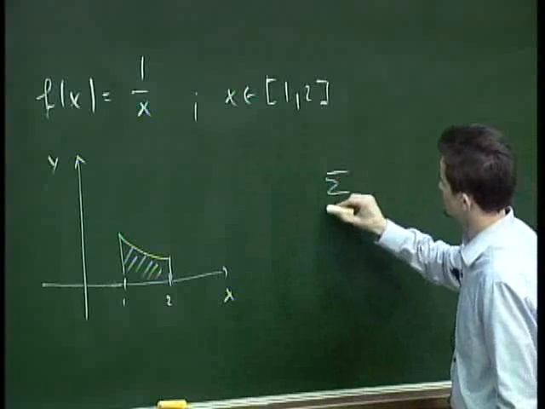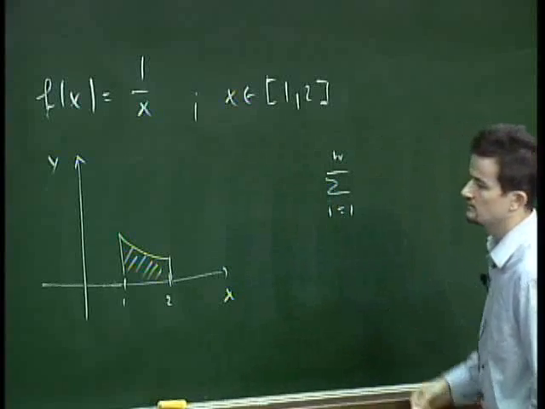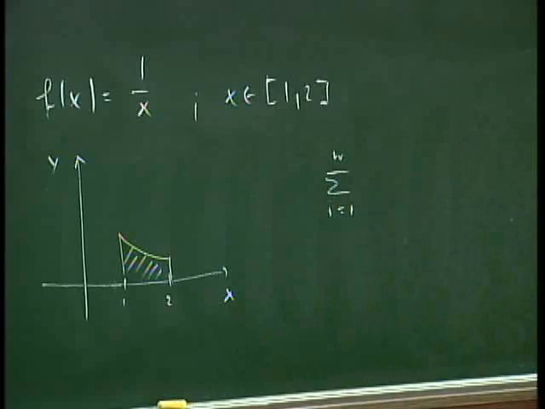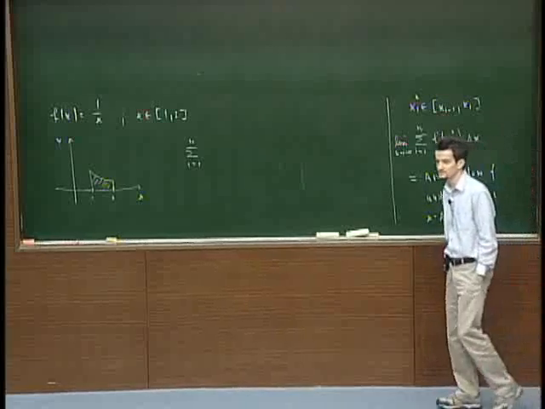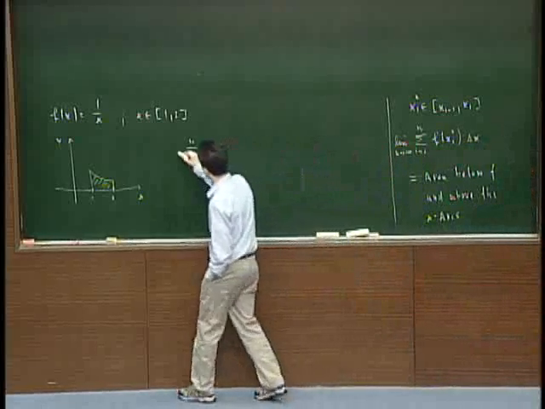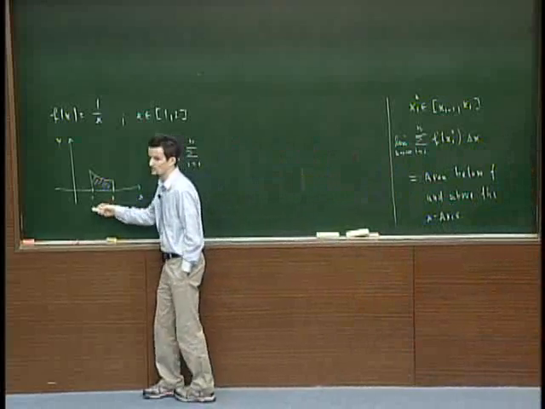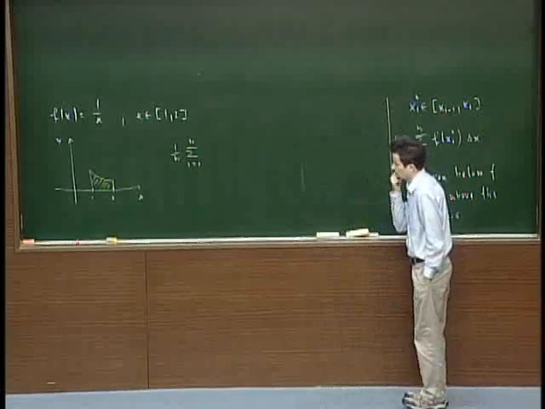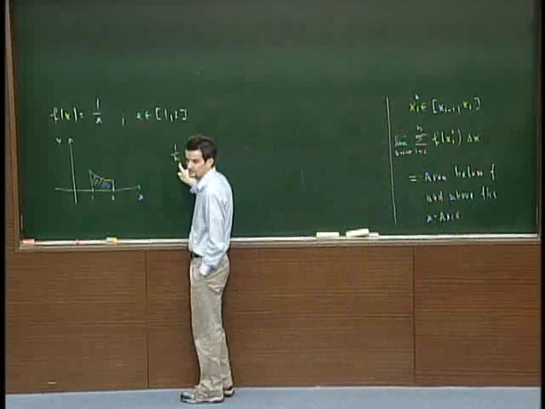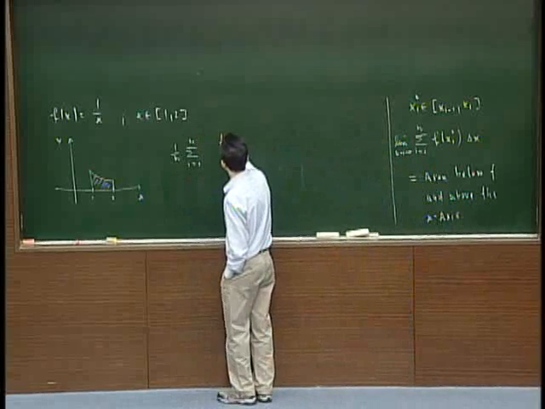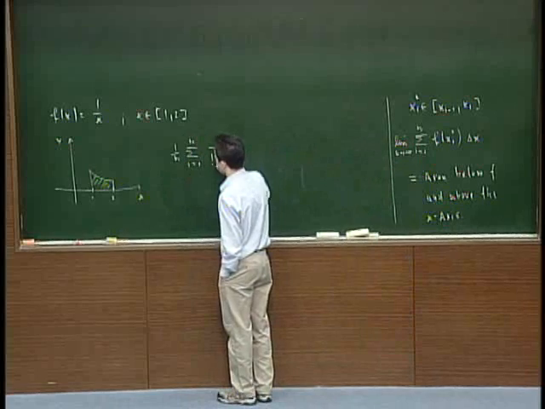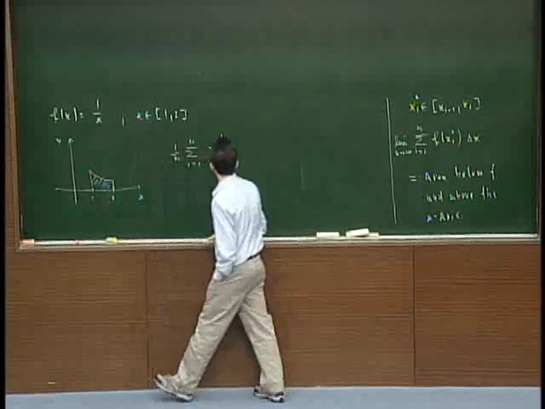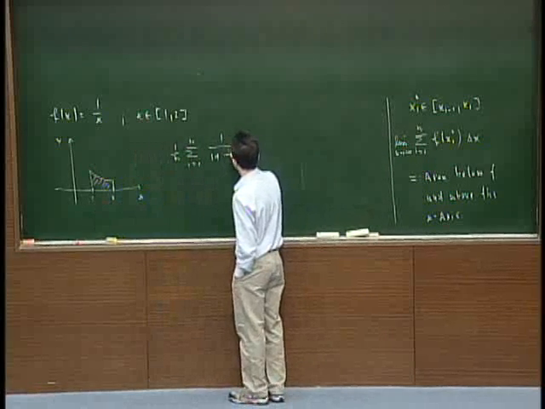Now, if you use the definition, what you have to do is look at the sum i from 1 to n. For instance, let's choose right endpoints as sample points. So you divide the interval into intervals of length 1 over n, and then you have 1 over (1 plus i over n), because you start from 1.